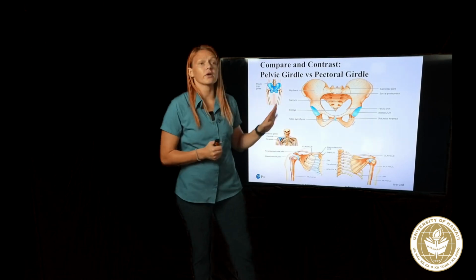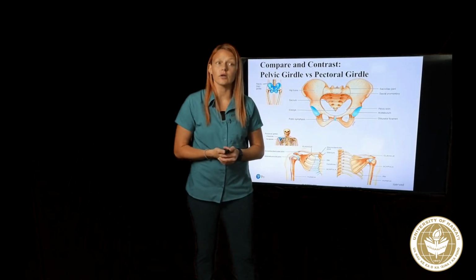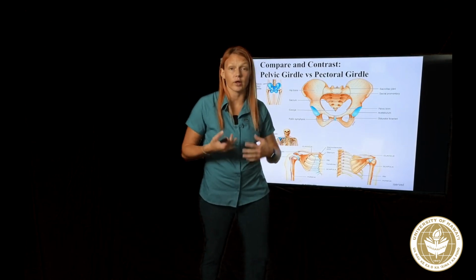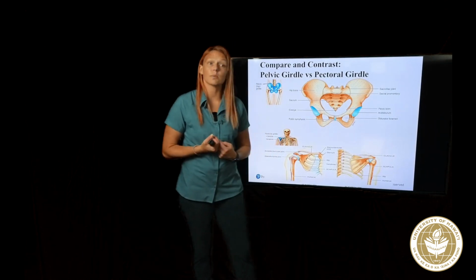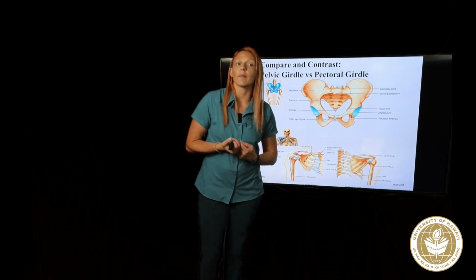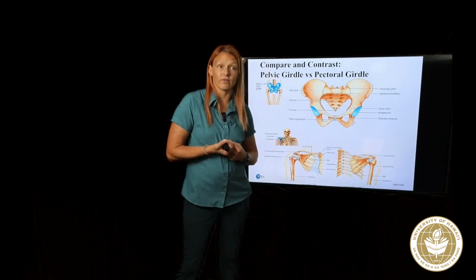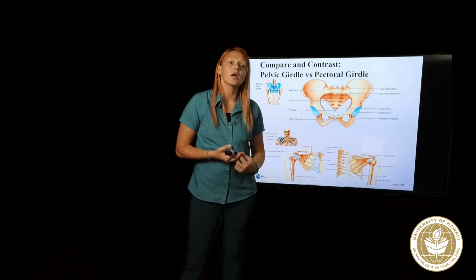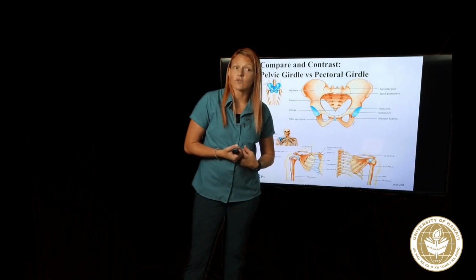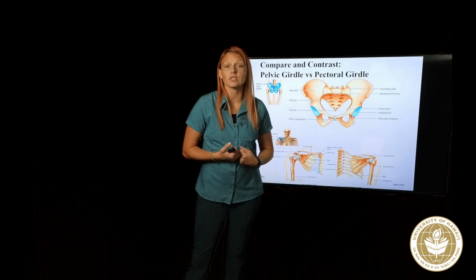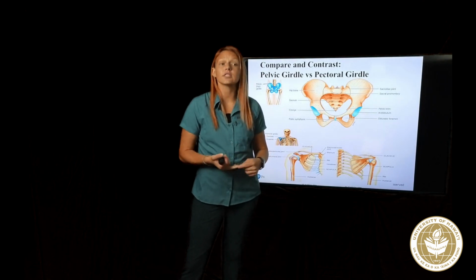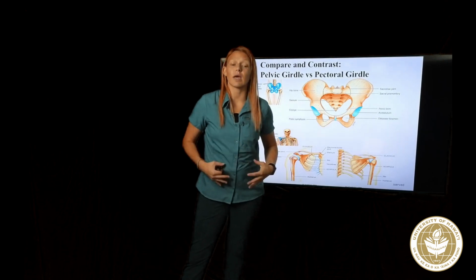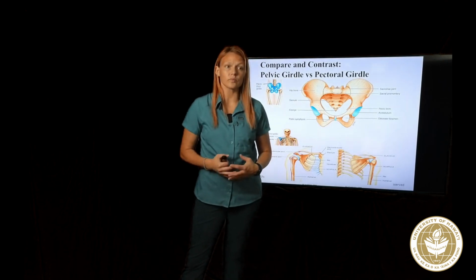Some of the secondary functions of the pelvic girdle are to contain and protect the pelvic viscera, or in other words, those organs, to provide support for the abdominal pelvic viscera and the fetus. And we're talking about those that are able to bear children. Provide attachment for erectile bodies of external genitalia, and to provide attachment for muscles and membrane that are going to make up our pelvic floor.